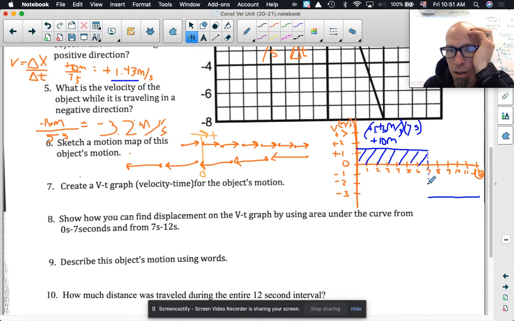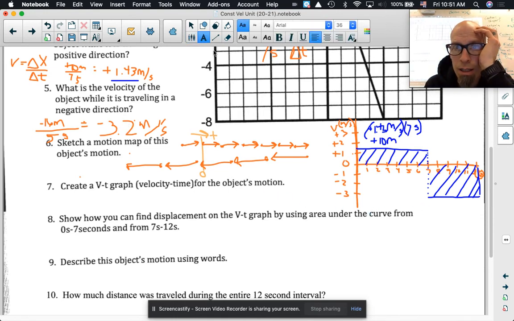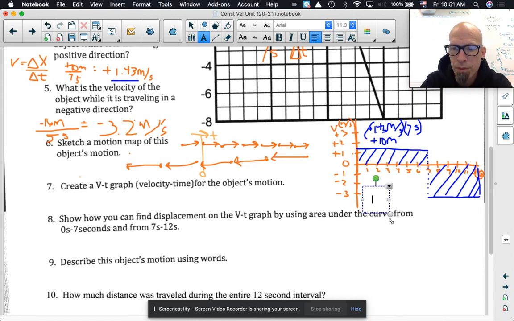Now, I'm not going to write it all out because this is taking too long already. And so that shaded in portion, how tall is that rectangle? It's negative 3.2 meters per second, okay?